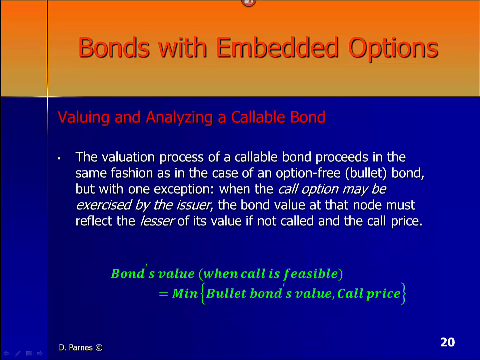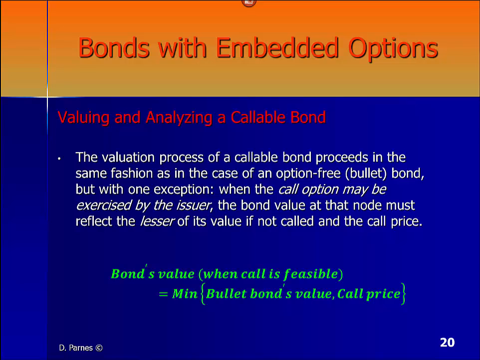Now, let's embed also the complexity of options inside. Okay? Let's start with a callable bond. We said that a callable bond gives advantage or some protection to the bond issuer. Why? Because the bond issuer is the one that can call back the bond whenever he wants, not whenever the bond holders want, whenever the bond issuer wants.